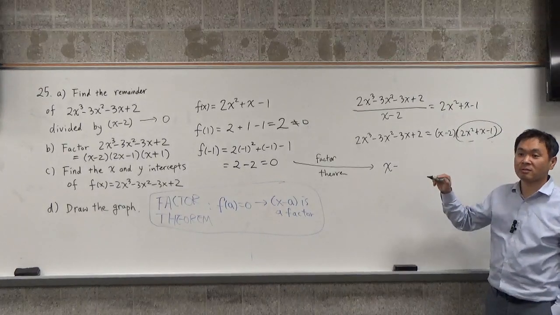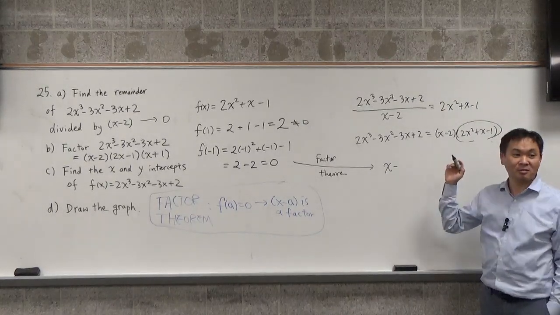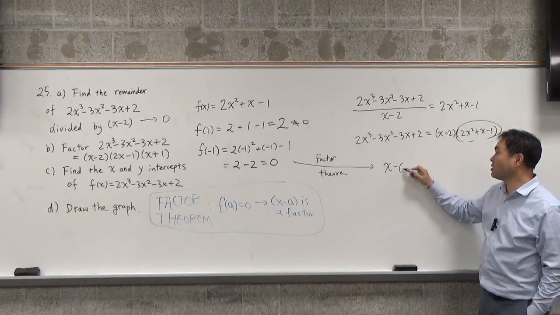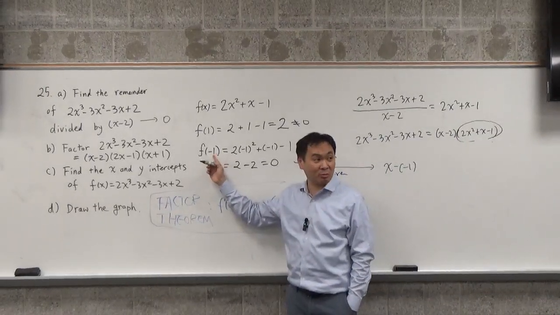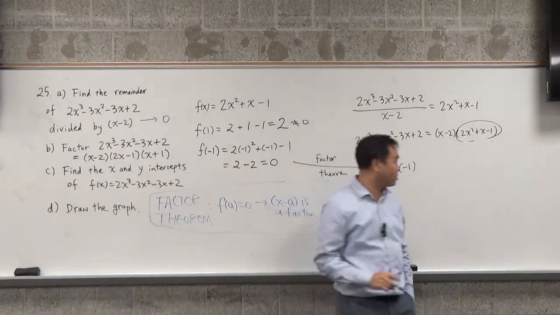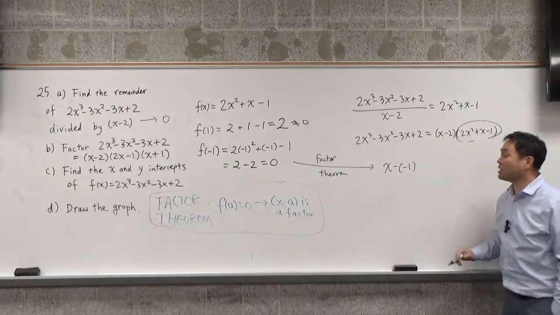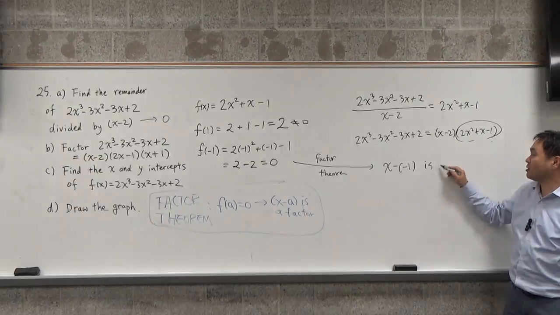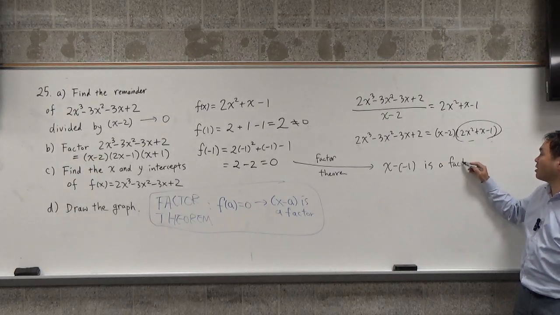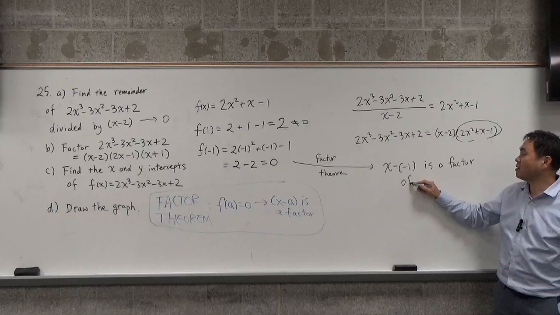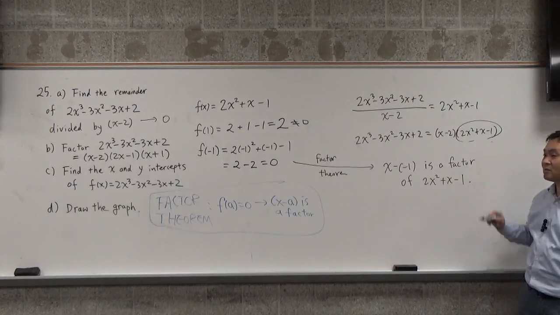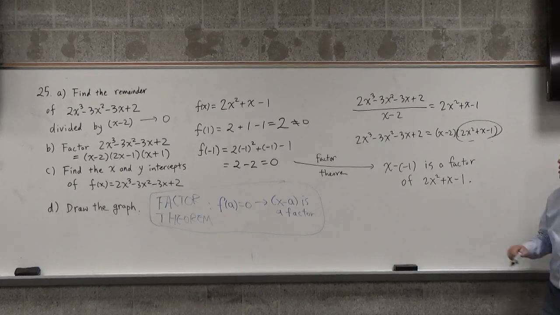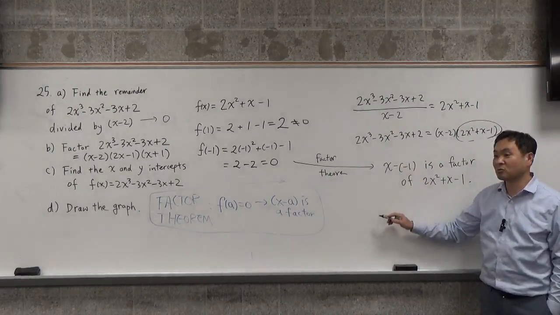X minus -1. Look, a is -1. We just plugged in -1 and got 0. So a is -1, okay? So x minus -1 is a factor of what? A factor of 2x squared plus x minus 1. That's what it is, right? And x minus -1 is x plus 1, right?